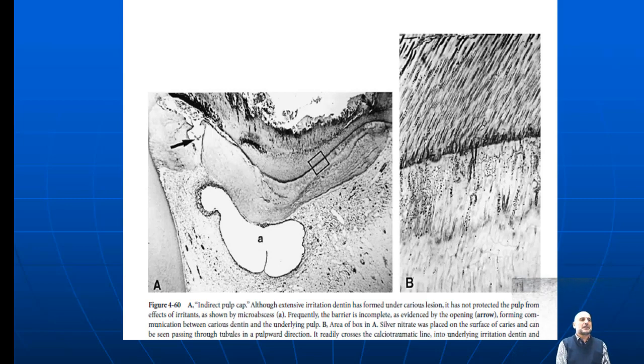Actually, calcium hydroxide has many problems. One of the problems is that it is absorbable. Second, there is tunnel cavitation within the dentinal bridge, sometimes a large tunnel, so microorganisms can pass through it to the pulp.